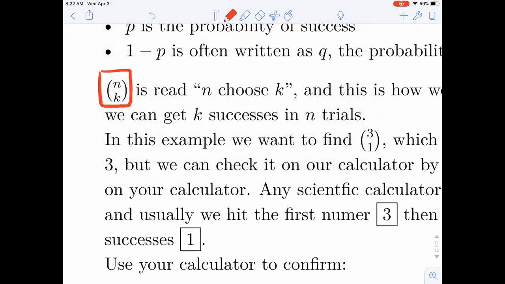N choose K is just going to figure out how many ways I can have exactly one success in N trials, and I'm specifying that I need exactly one success. How many ways can that happen? And that's when we use this choose function.